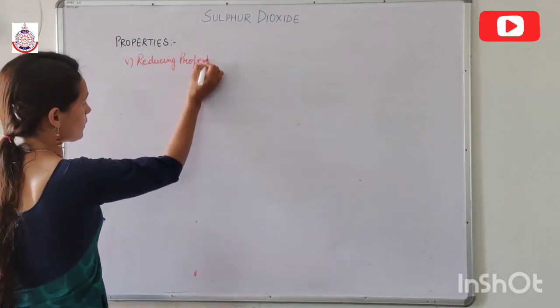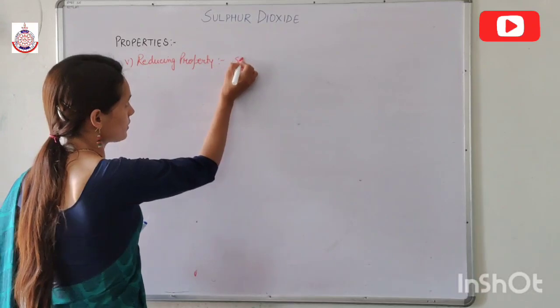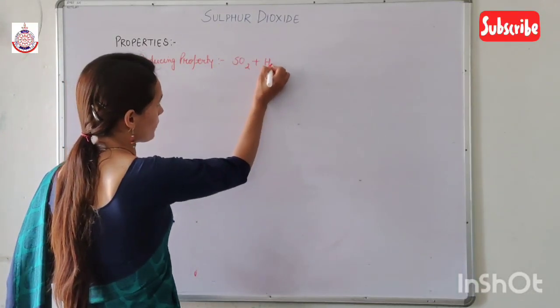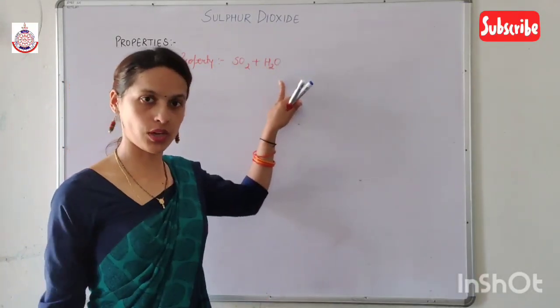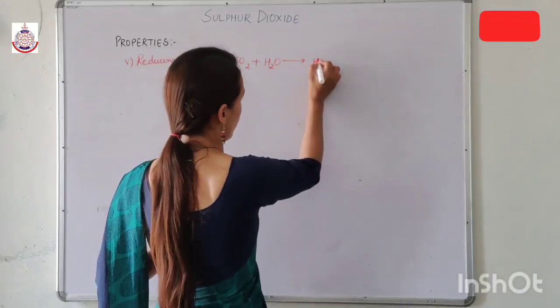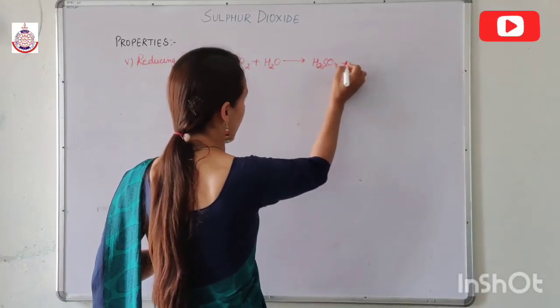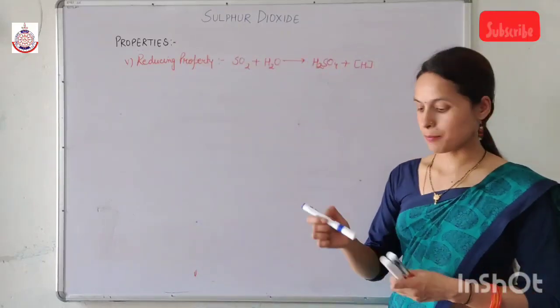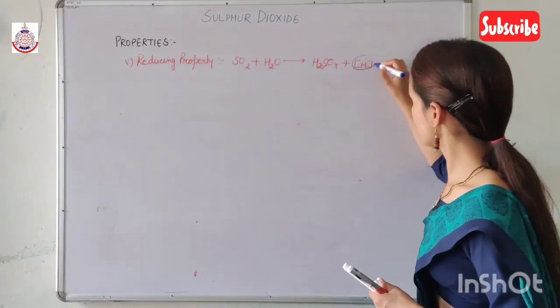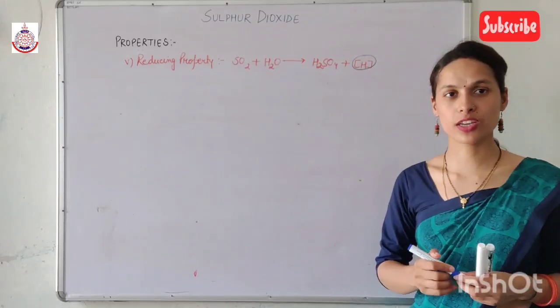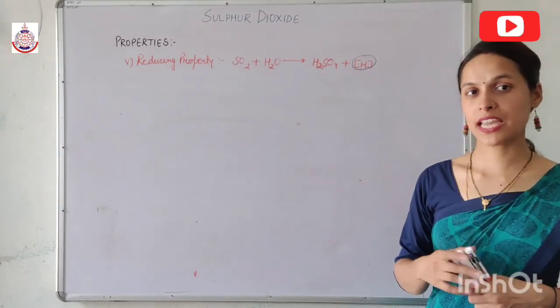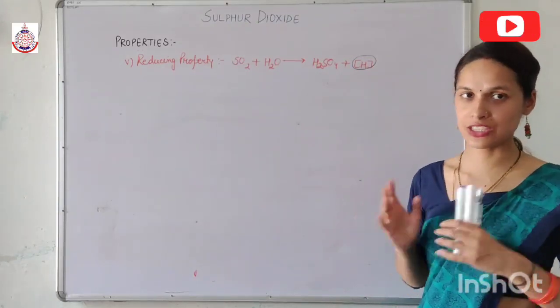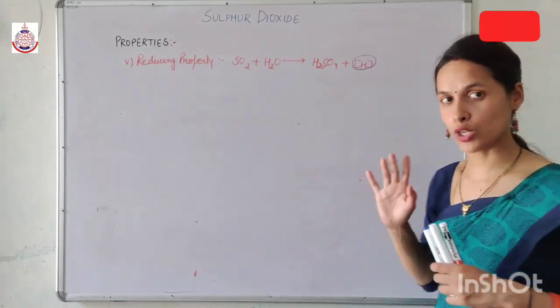When moisture is around the sulfur dioxide, it reacts with the moisture to form H2SO4 and nascent hydrogen. Due to the formation of this nascent hydrogen, sulfur dioxide behaves as a good reducing agent in the presence of moisture.